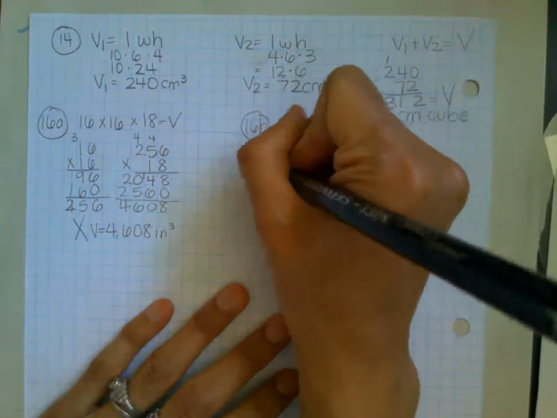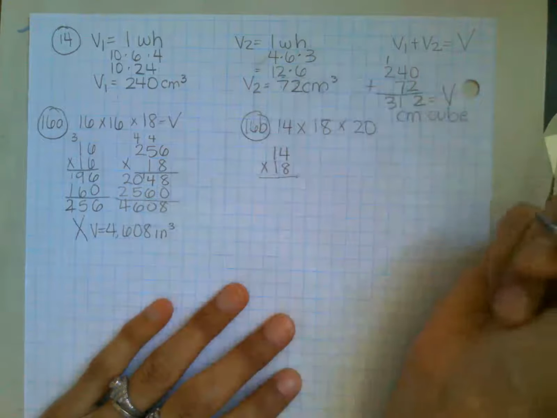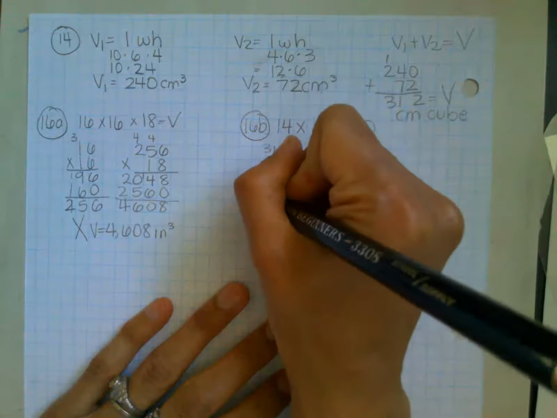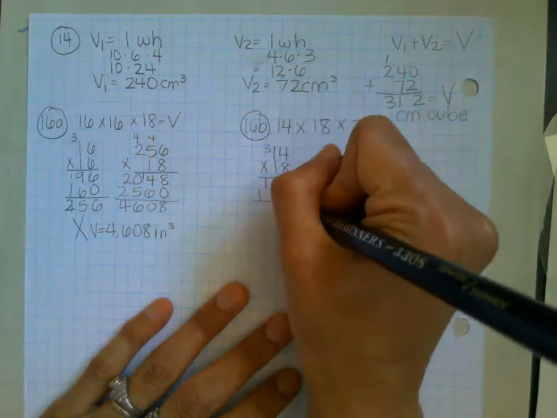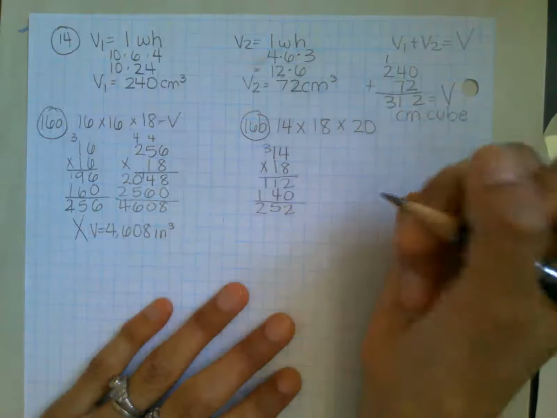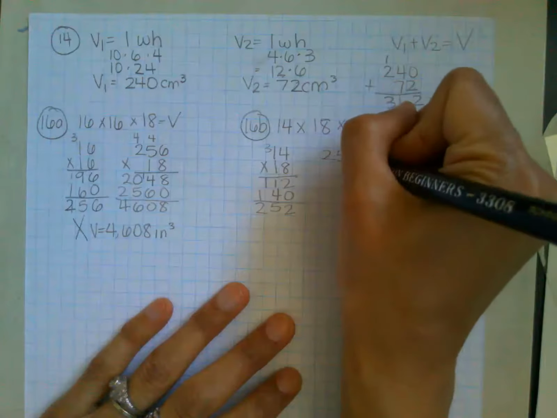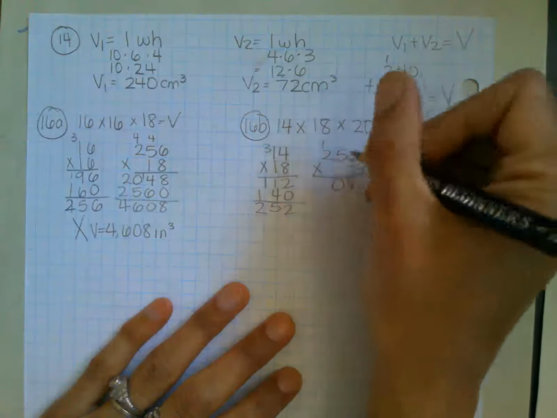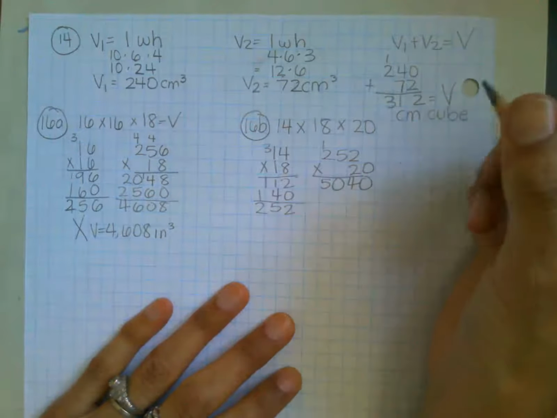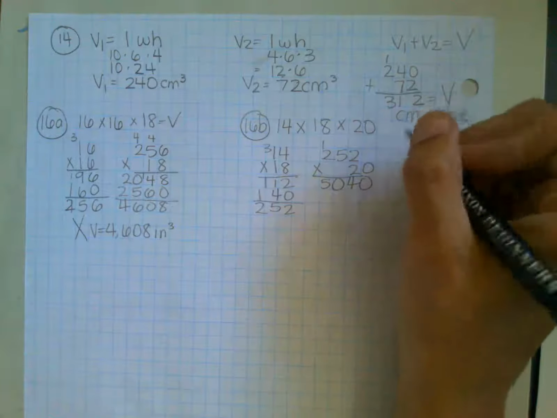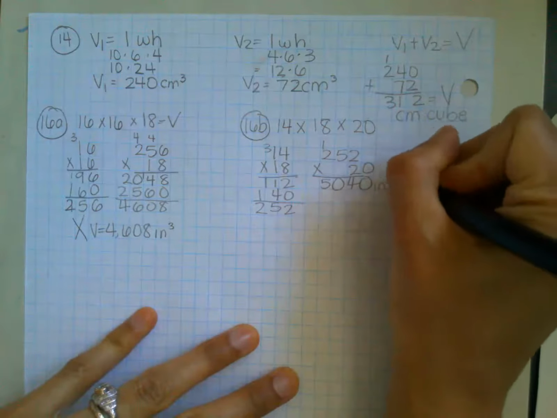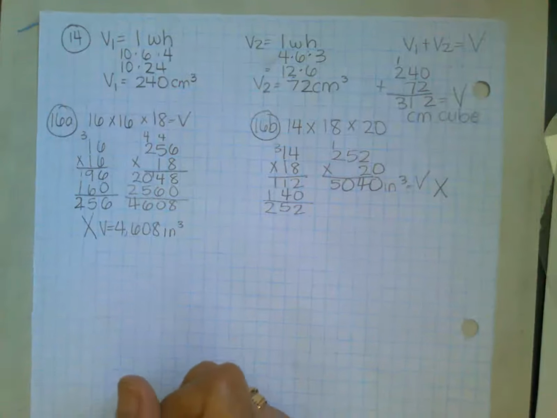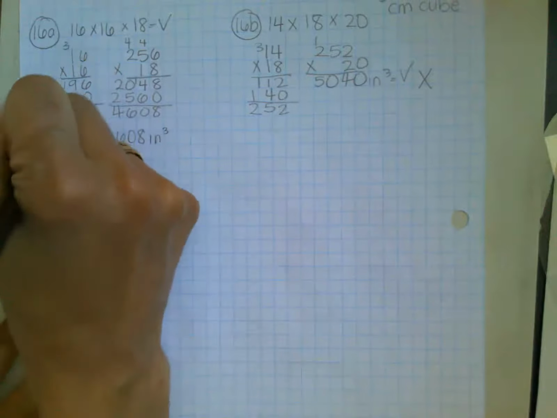So 14 times 18 is 252, so 252 times 20 is 5,040 inches cubed. So that one's a no. I guess C and D are probably going to be the answers.